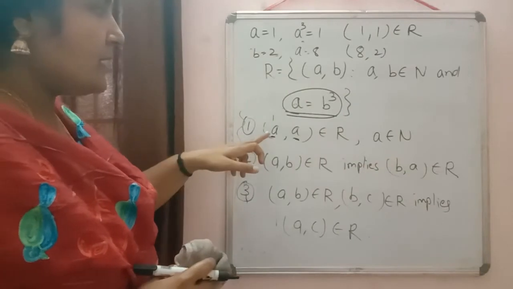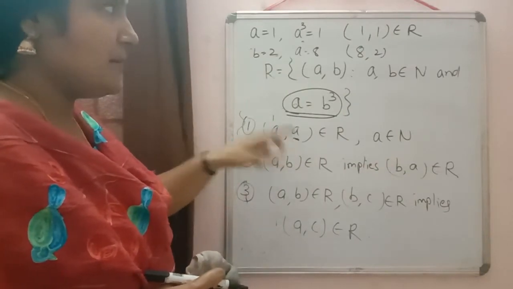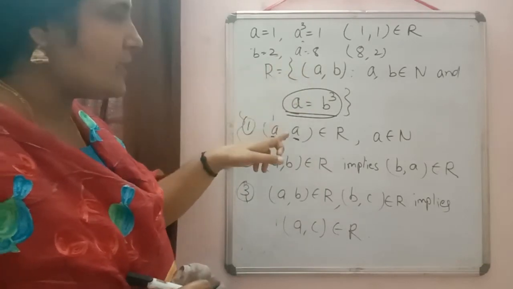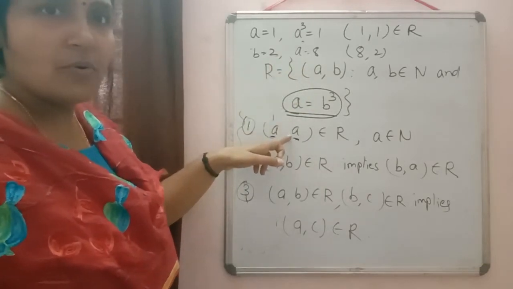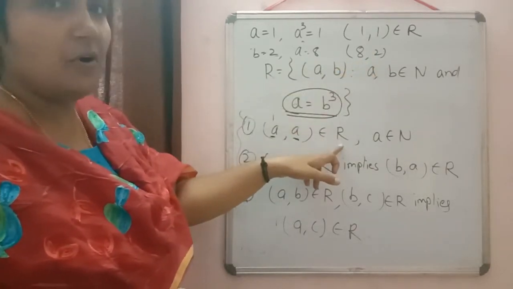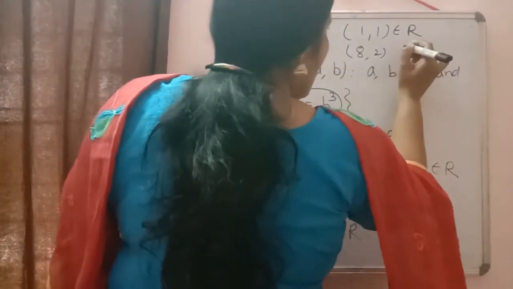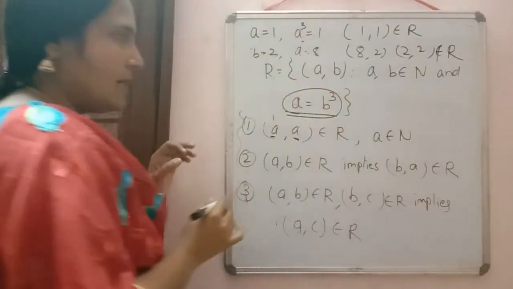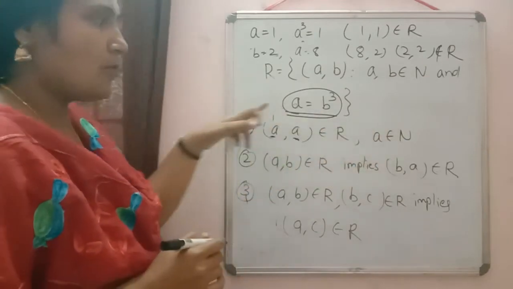But according to the relation, same element should be related to same element. We know 2 cube will not be equal to 2. So (2, 2) does not belong to R. Therefore, this is not true.